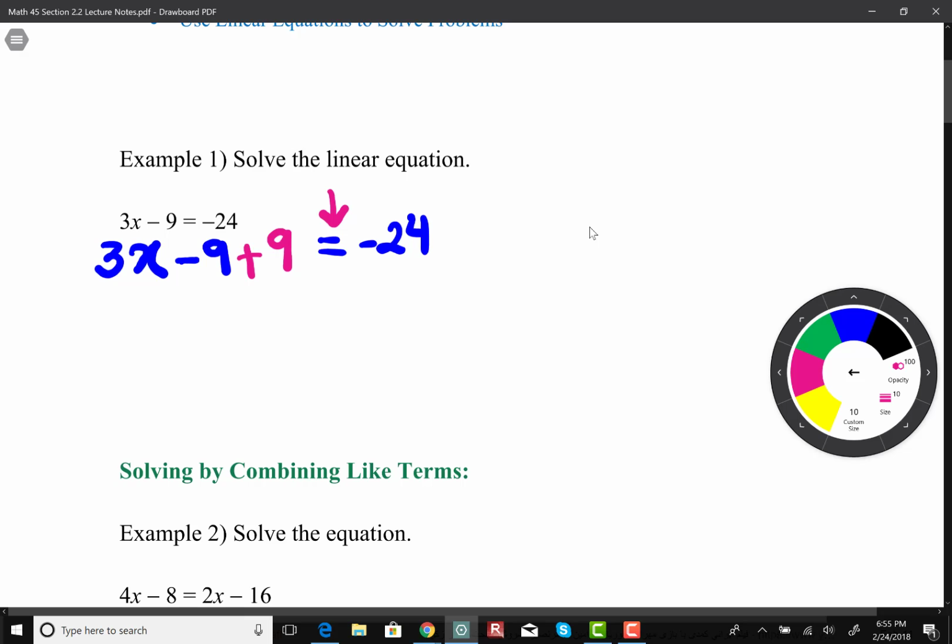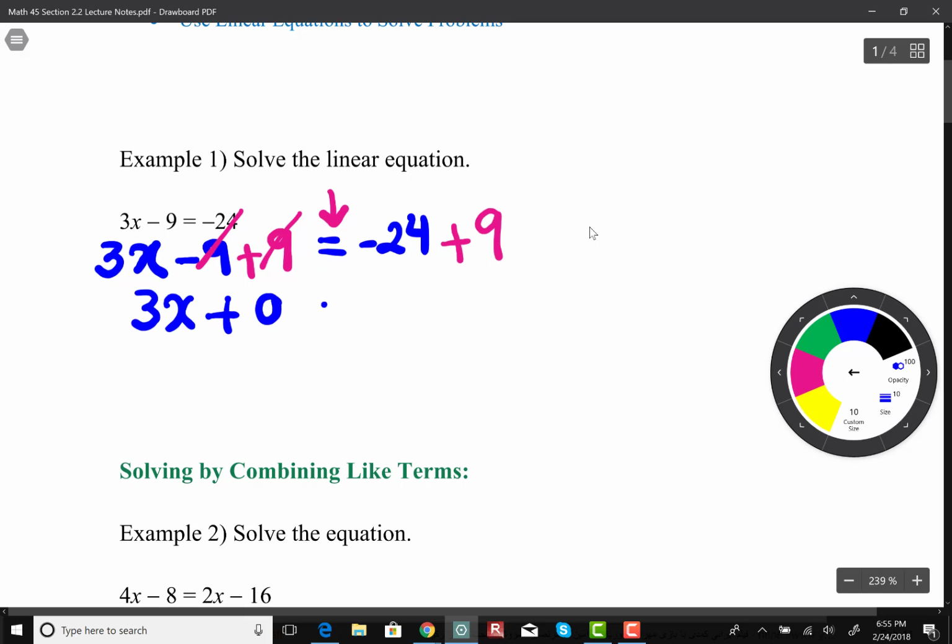But if I do it on this side, I have to do it to the other side. Again, the two sides are separated by the equality sign. Now on the left side, these two cancel each other out, we get 0. So this would be 3x plus 0. On the right side, when you combine, we get negative 15.